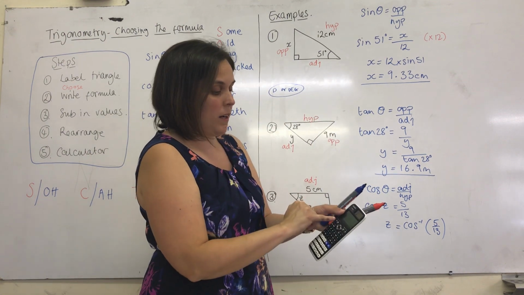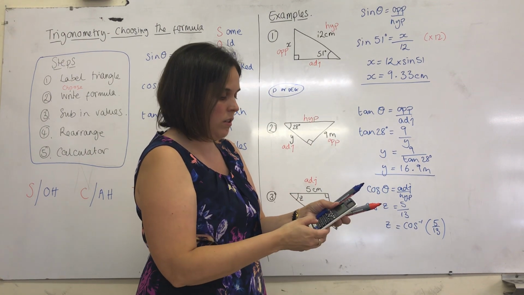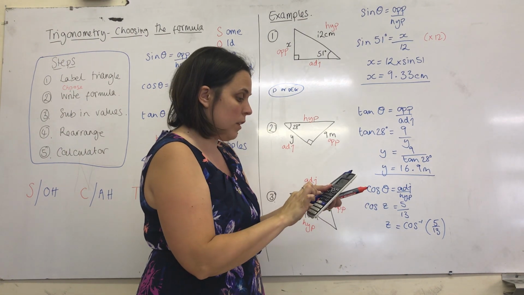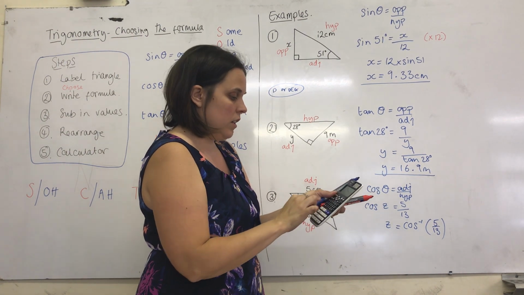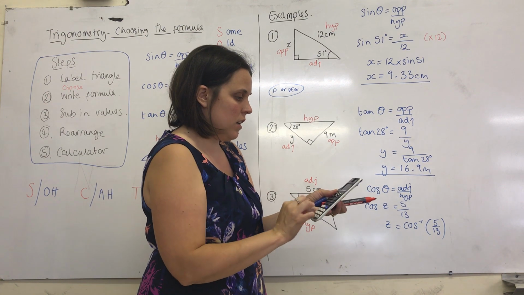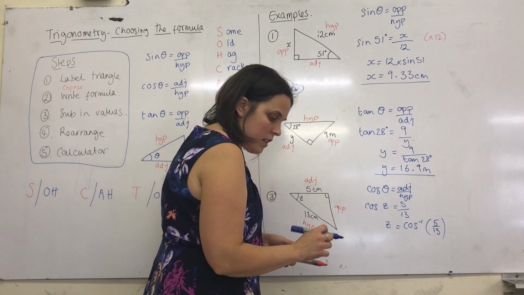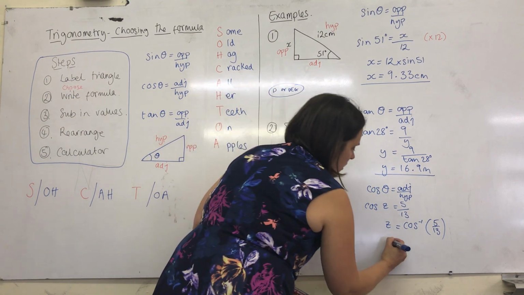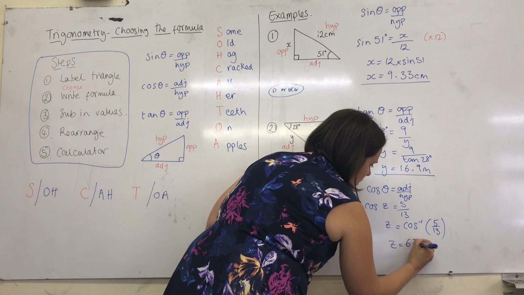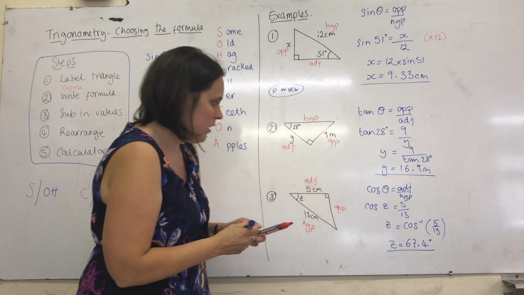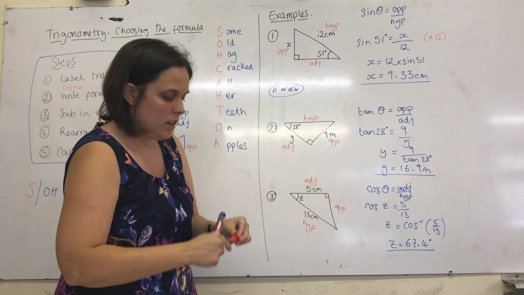So we press Shift and cos to give us cos with the little -1. Make sure you do that, otherwise you will not get the right answer. 5/13, and we get, to 3 significant figures, the answer is 67.4 degrees. Okay, and that is how you do it.